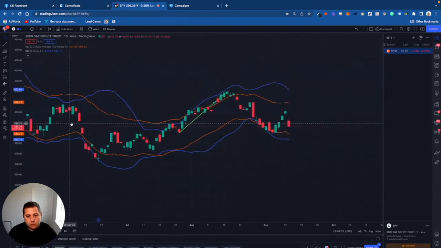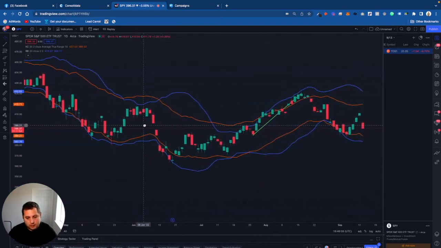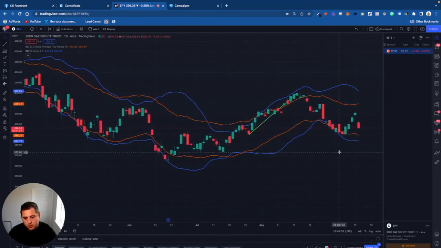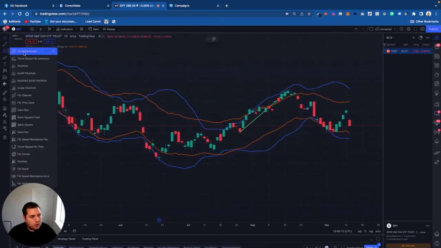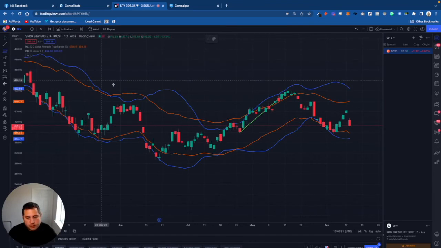Now, how do you choose your exit? Where do you choose your price action? So here, or your price, like to see, hey, this is where I think I want to exit at. What you're going to do is you're going to grab your Fibonacci retracement tool, and you want to go back to before the compression started.